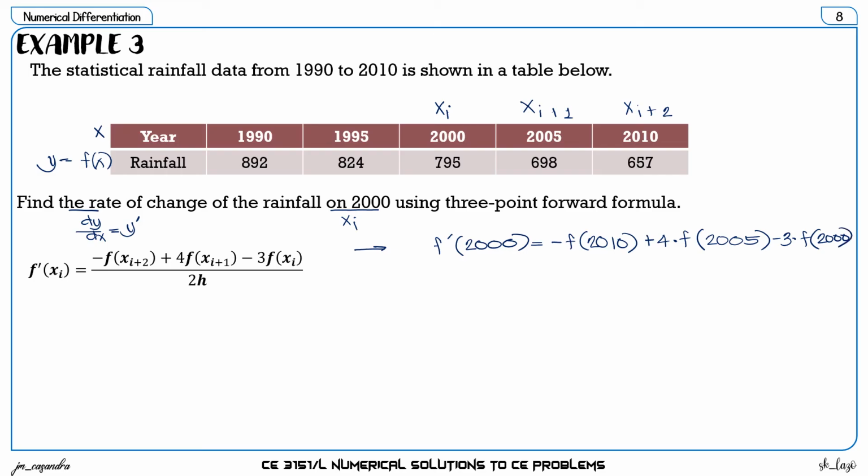We divide all of this by 2h, wherein h is equal to 5.